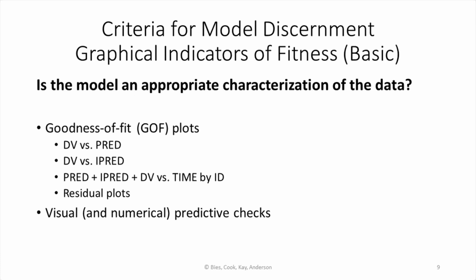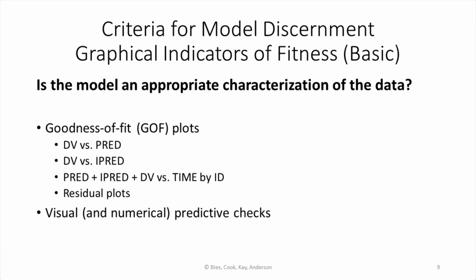So continuing along with criteria for model discernment, some other basic graphical indicators of fitness include various goodness of fit plots, such as the dependent variable versus the population predicted value. The dependent variable in this case is the concentration measurement versus the individual model predicted value.